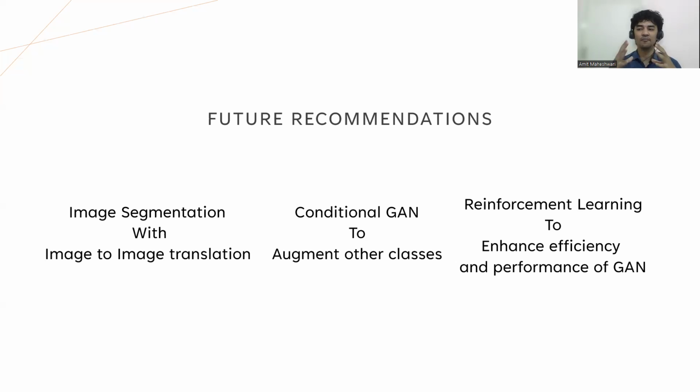We know that reinforcement learning can be trained in such a way that it would learn the pattern to understand which type of input for the GAN would help the GAN produce better output overall, right? So reinforcement learning can be utilized here as an extended study.